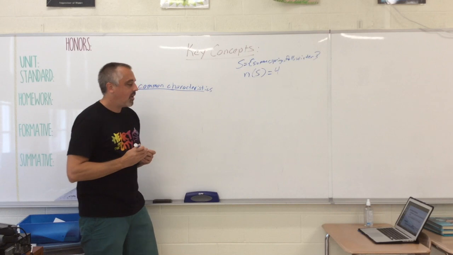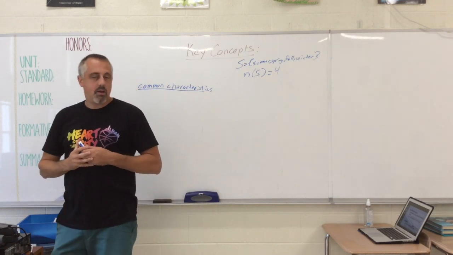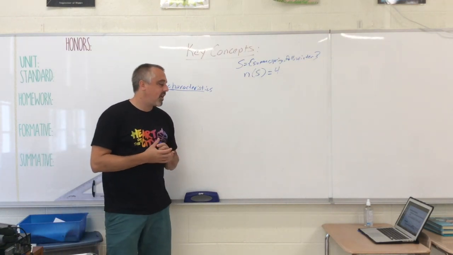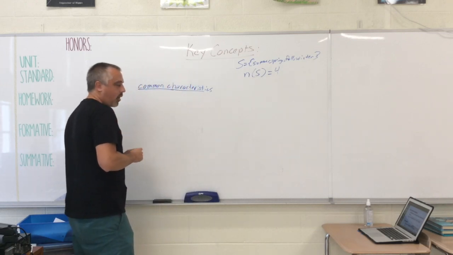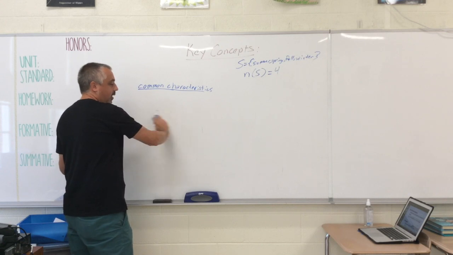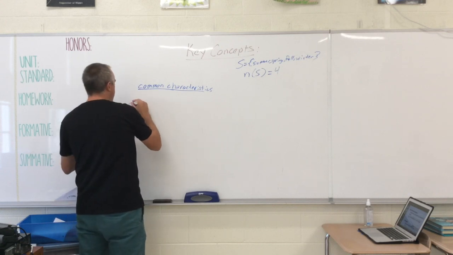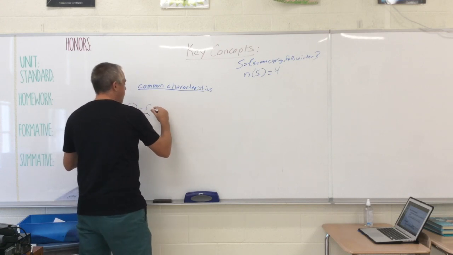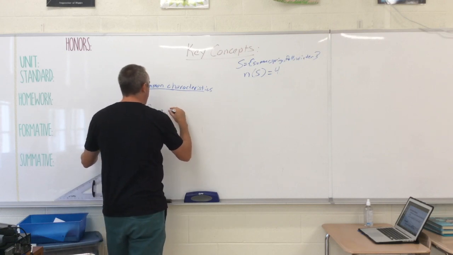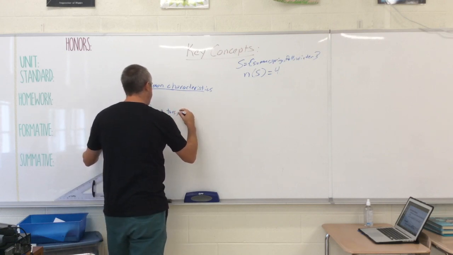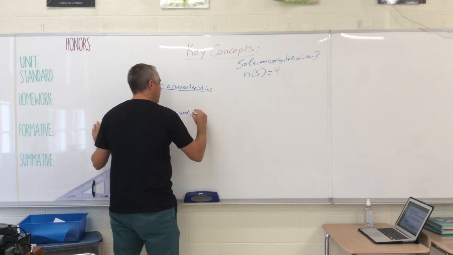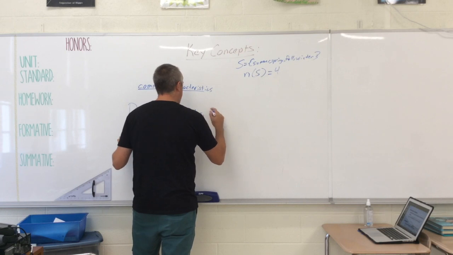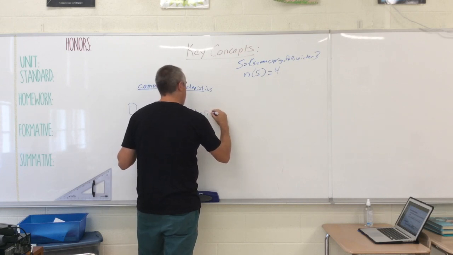If you look underneath, the set they gave you is the set of days in the week, set D. They defined it for us, and we would then list out the days of the week. So we've got Monday, I'm going to abbreviate it, Tuesday, Wednesday, Thursday, Friday, Saturday, Sunday.